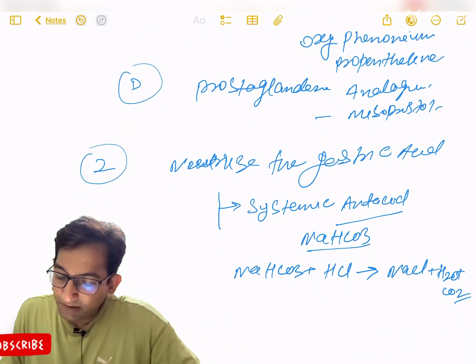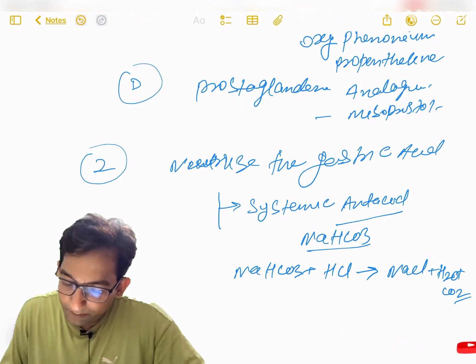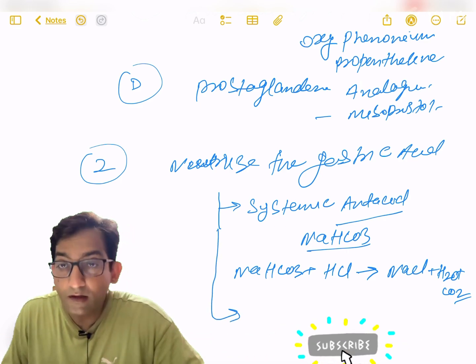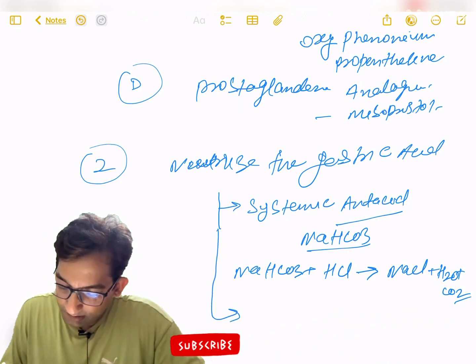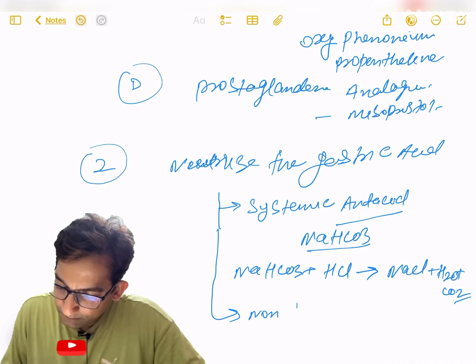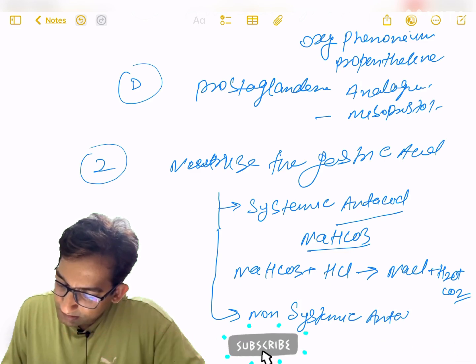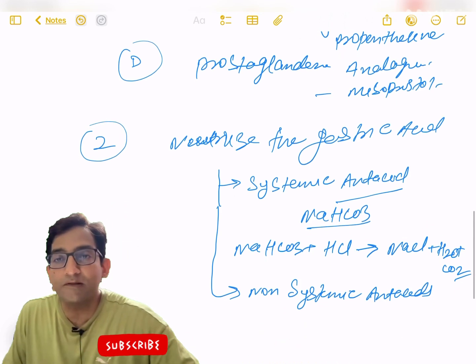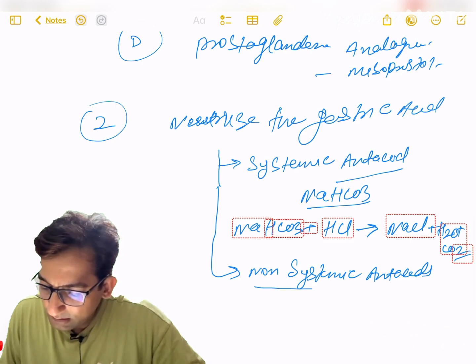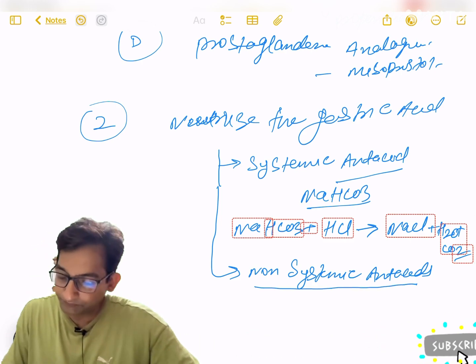Now, after the systemic antacids, the second part is the non-systemic antacids. Okay. These categories of drugs are nowadays widely used.